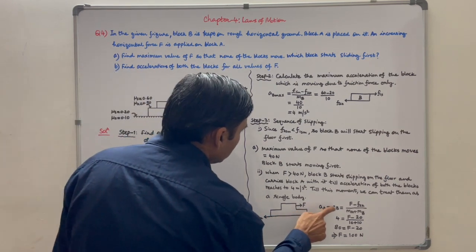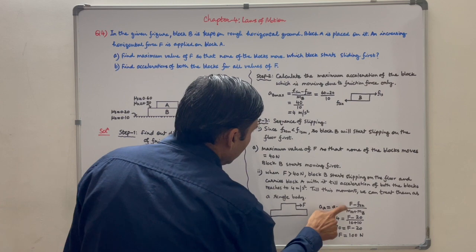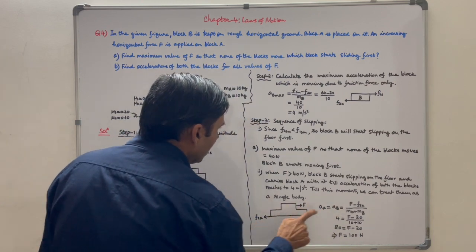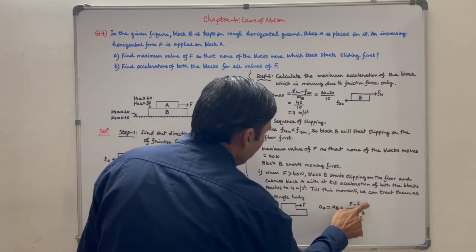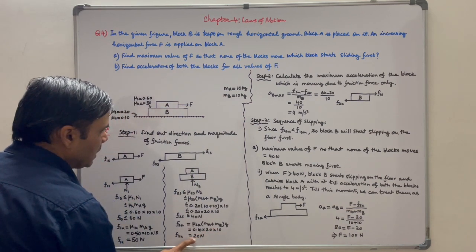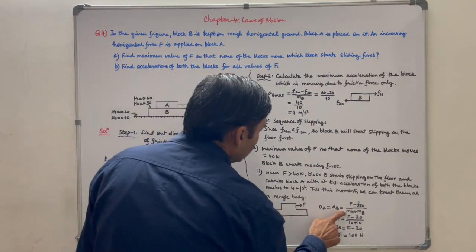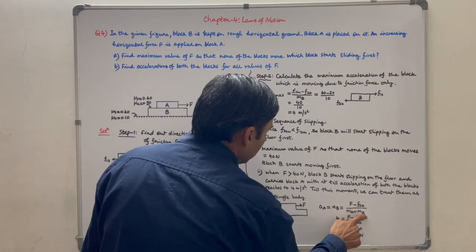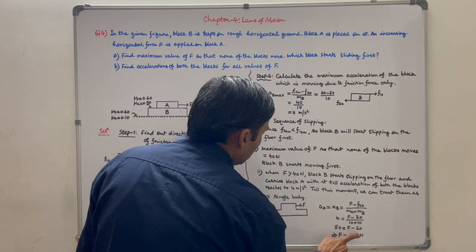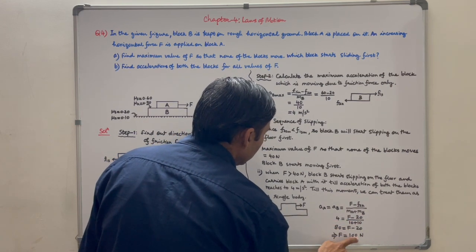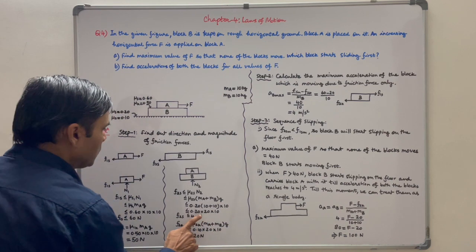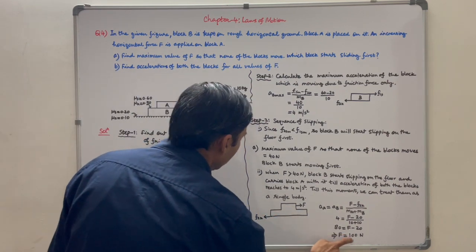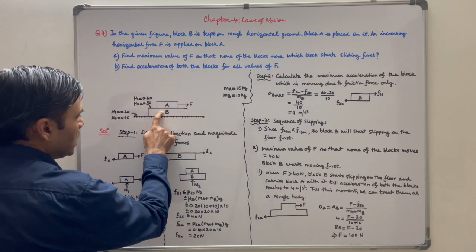So AA is equal to AB is equal to (F minus F2k) upon (MA plus MB). The value of F2k is equal to 20 Newton. MA is equal to MB is equal to 10 kg. So F is equal to 100 Newton. That means when the value of F is between 40 Newton to 100 Newton, blocks are moving together.